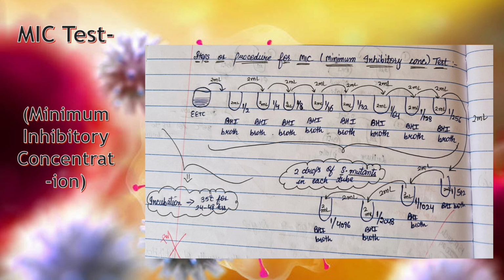In order to add the varying amount of EETC, the antimicrobial compound, inside these tubes, we started by adding 2 ml of EETC into the double strength tube, and from that tube we started doing the dilutions.